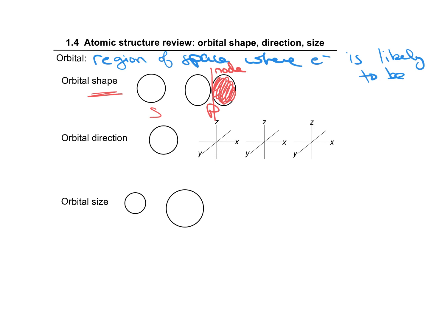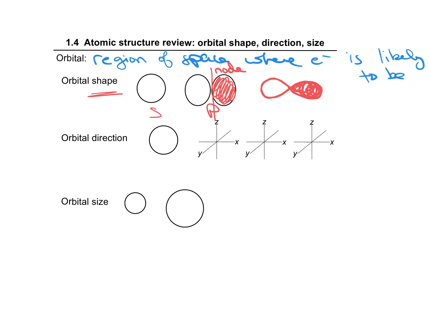So a p orbital has a node. It might be shown also more like this. There are also d orbitals, f orbitals, but in organic chemistry, we pretty much get to ignore them because we're going to focus on s and p.